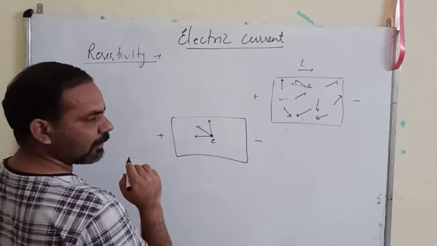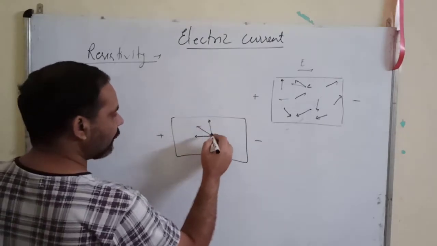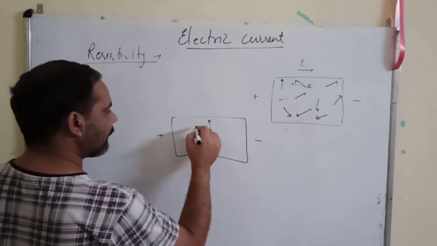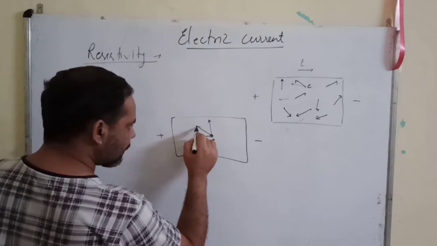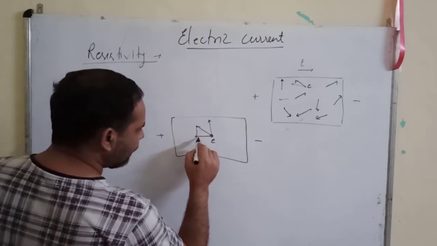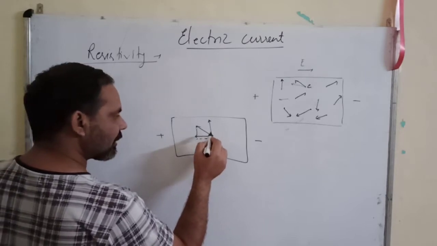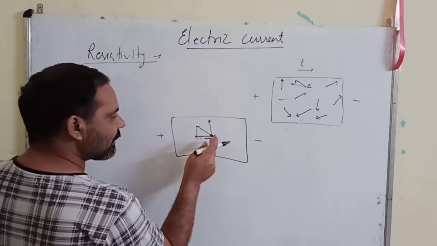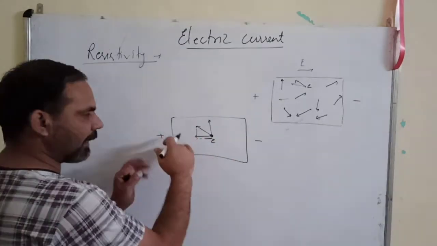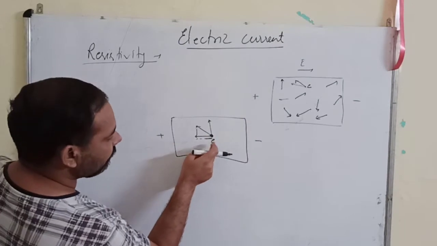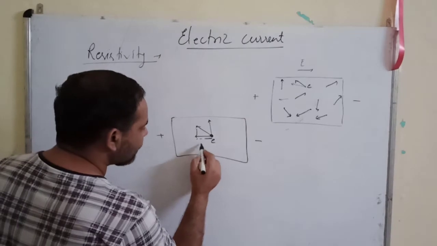The electron which was supposed to reach here will now reach this point instead. If you draw the perpendicular, then this distance is the distance the electron has traveled in the horizontal direction. In this figure, the distance traveled by the electron horizontally towards the positive terminal is called drift.